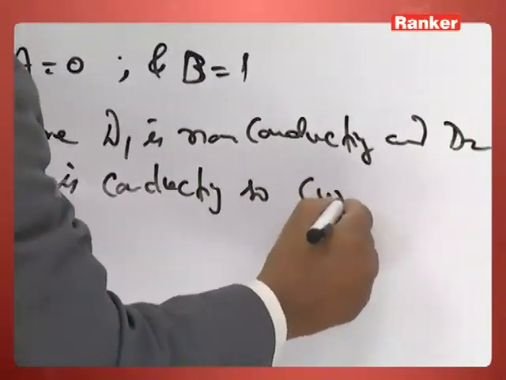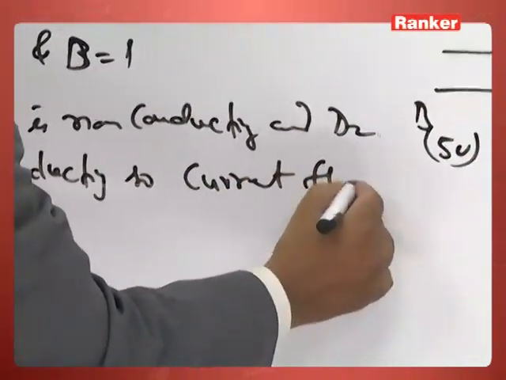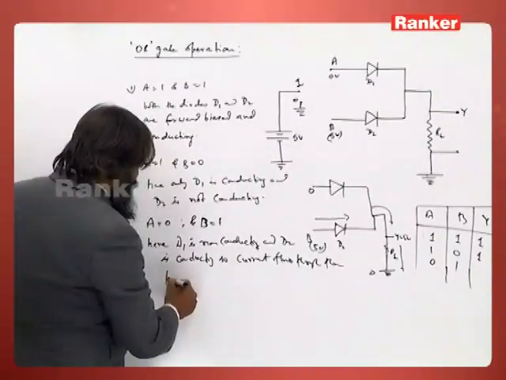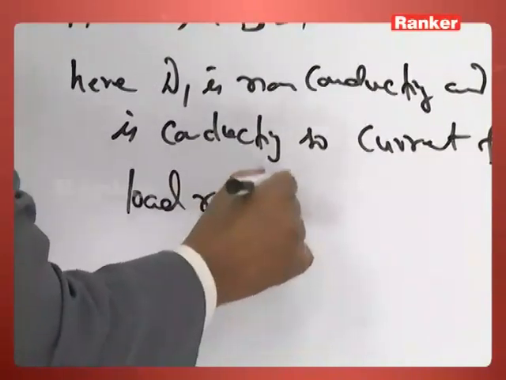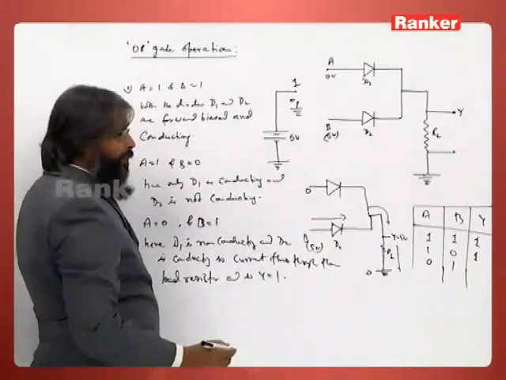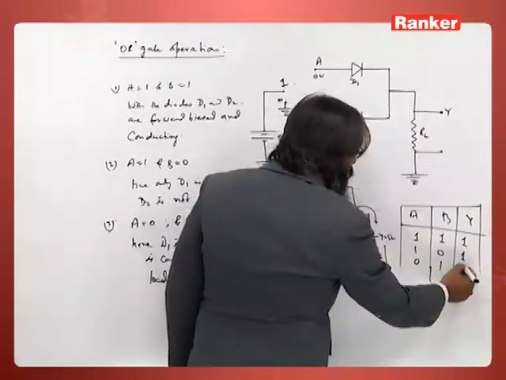So, current flows through the load resistor and so Y is equal to 1, that is high voltage. So, here we got 1.